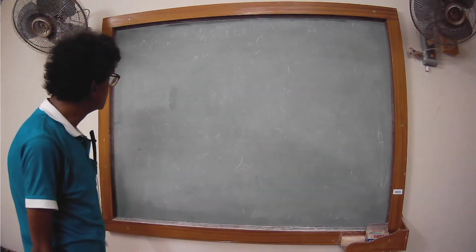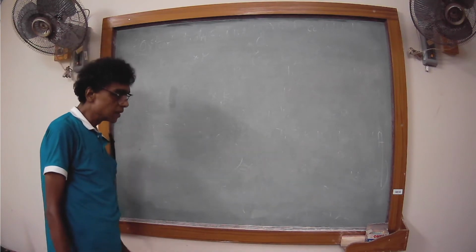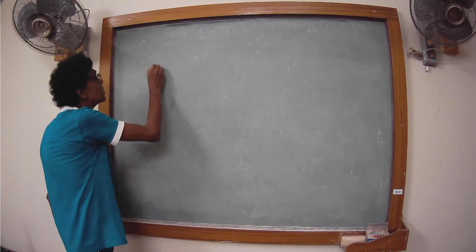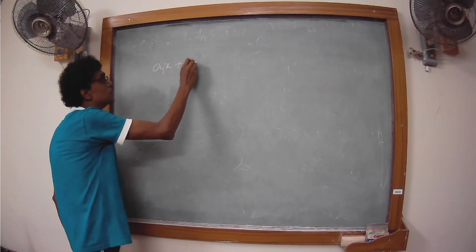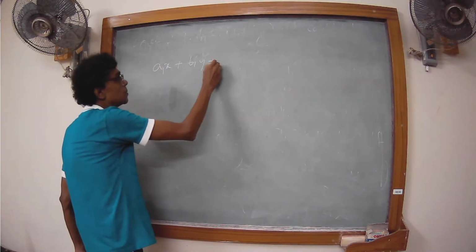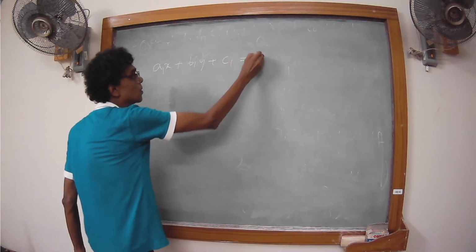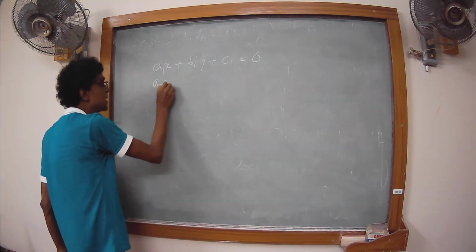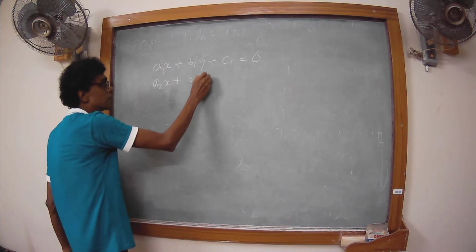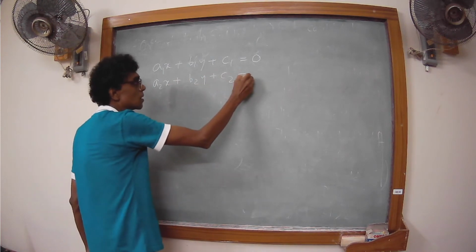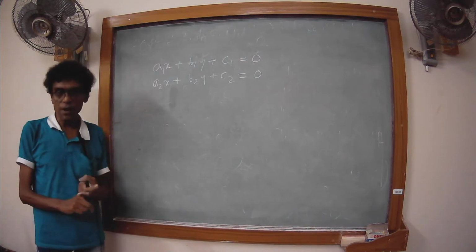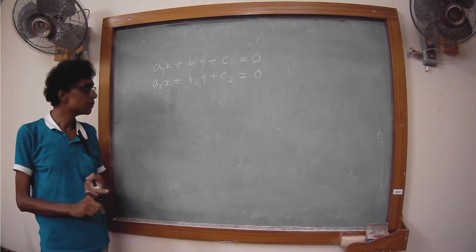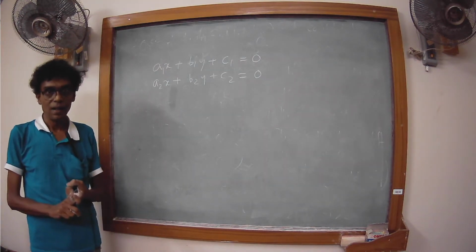So, given two lines, this is also required. Given two lines A1x plus B1y plus C1 equal to 0, and A2x plus B2y plus C2 equal to 0. They have an intersection point if and only if they are not parallel.